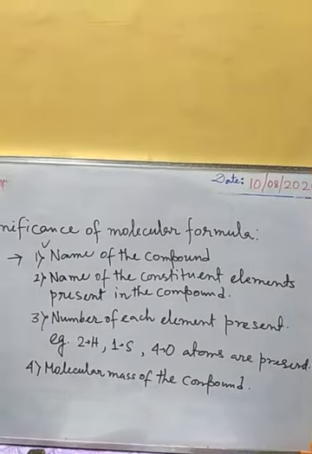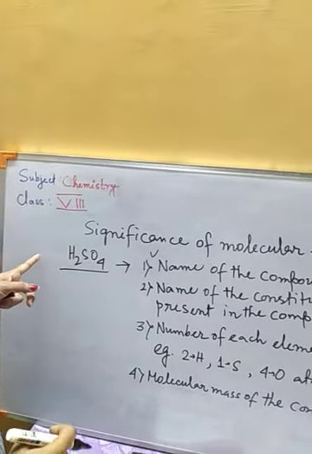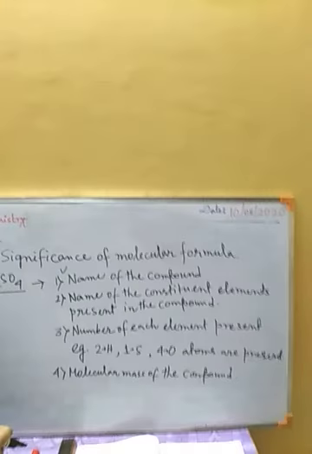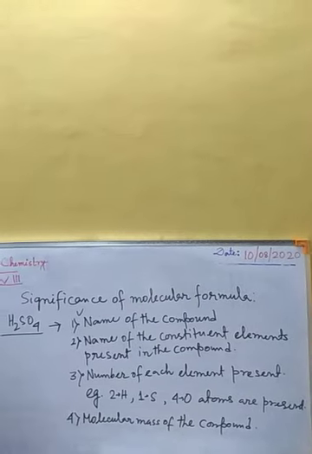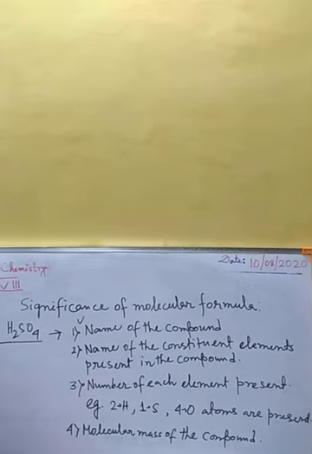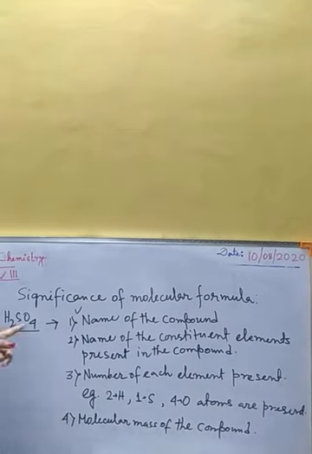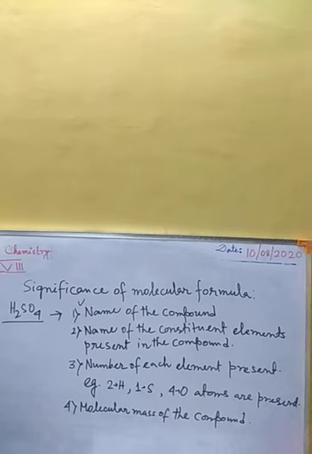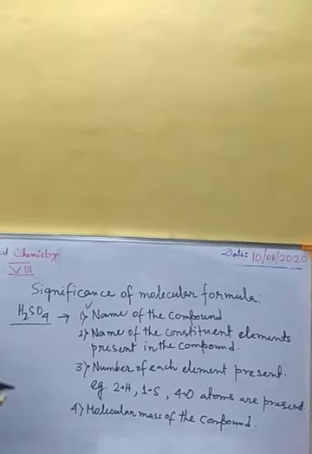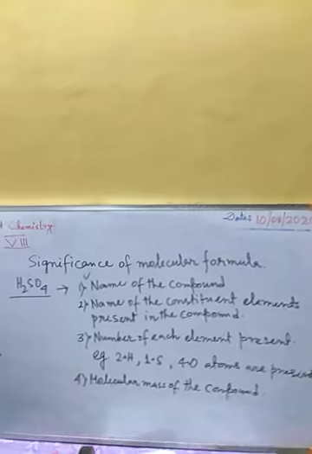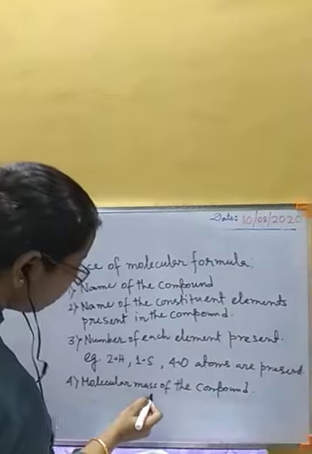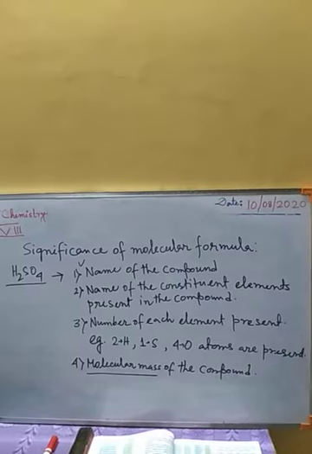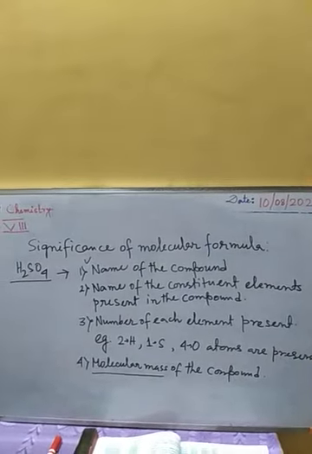For sulfuric acid, each hydrogen atom's mass is 1, and there are 2 hydrogen atoms. Sulfur's atomic mass we know, that is 32, and oxygen's atomic mass is 16. If we know the atomic masses of the elements present, then from that we can calculate the molecular mass of the compound. Okay, so these are the significance of molecular formula.